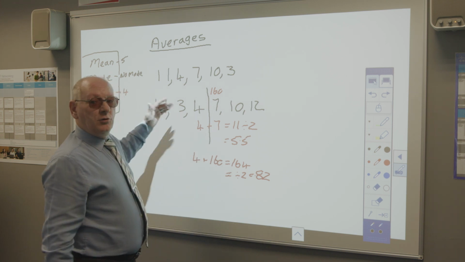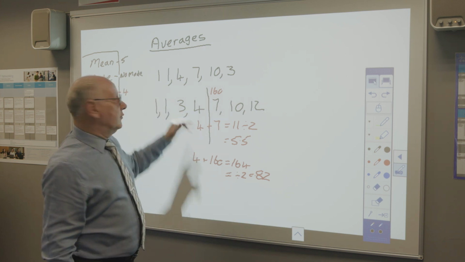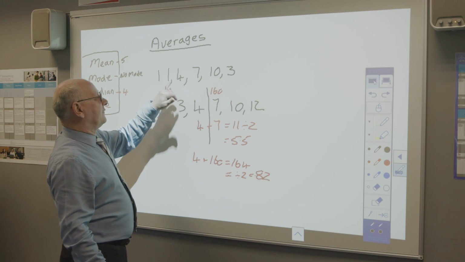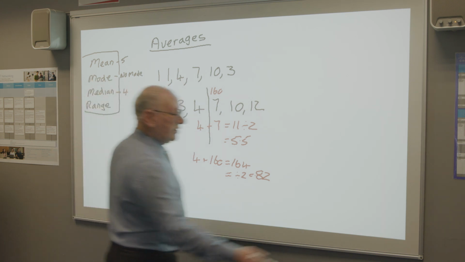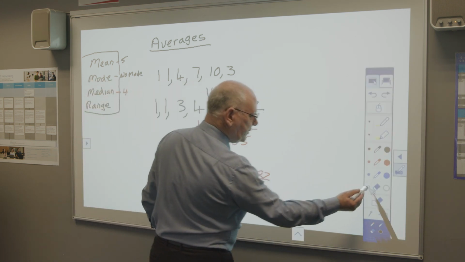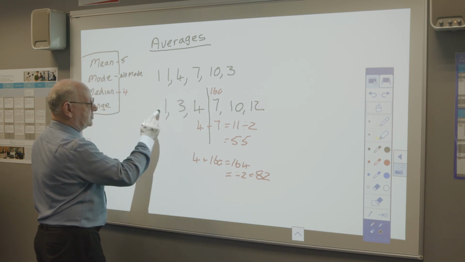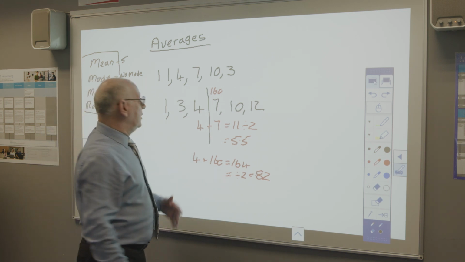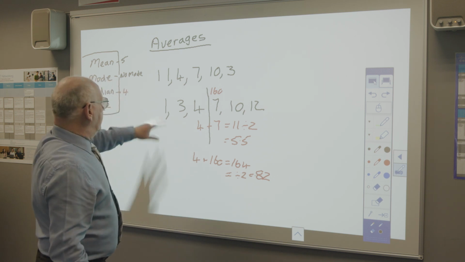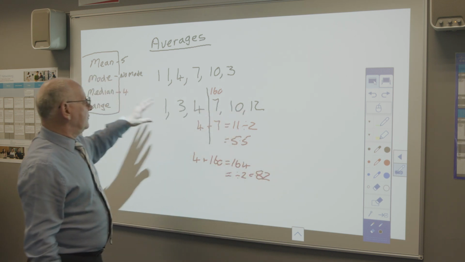Don't just put 1 because you think, well, I've put 1, that's enough. You have to have the same amount of numbers, so include all the numbers. I've seen too many people miss them out because they've put it once, so they don't think they've got to put it again. Put them all in order, smallest first.